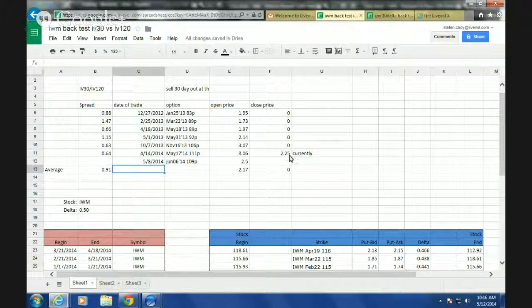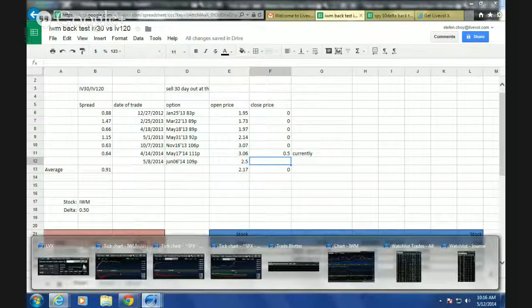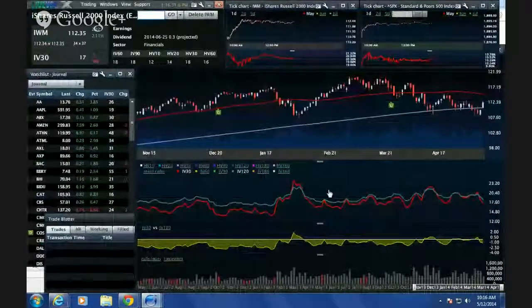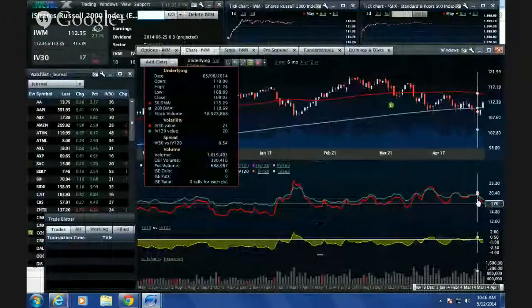And this one currently is like 0.5. So we'll keep track of it. It was pretty interesting. I wonder what the spread was. I guess I need to put that in there. 0.54.